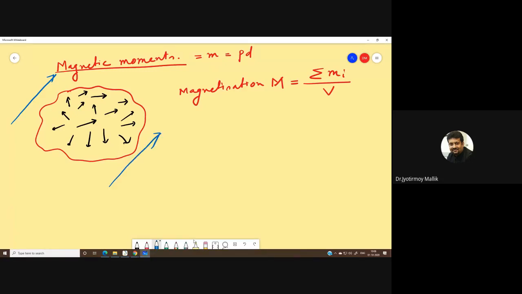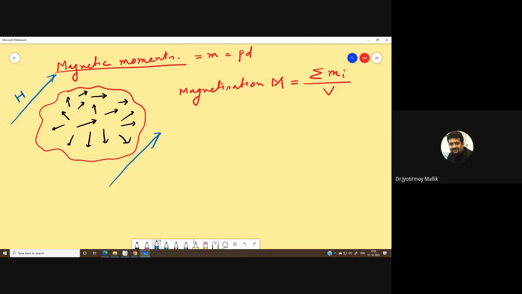Let us say the external magnetic field is capital H. So what would happen when I subject this particular rock under an external magnetic field? This external magnetic field would try to align these magnetic moments along its direction.